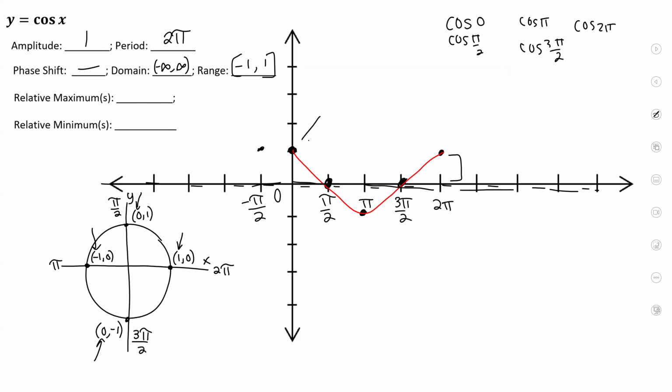You have 2 relative maximums. In one period, we have 2 maximums. There is one right here at (0, 1), and the other one is at (2 pi, 1). Here and here. Here's your relative minimum. That is at (pi, -1).